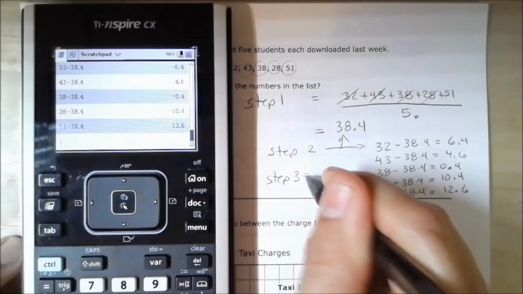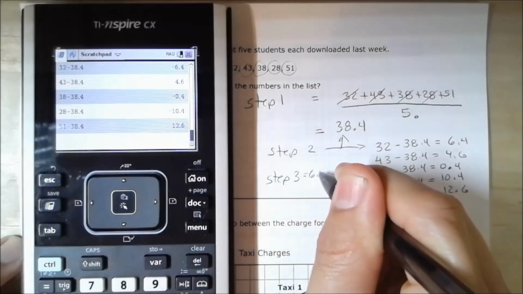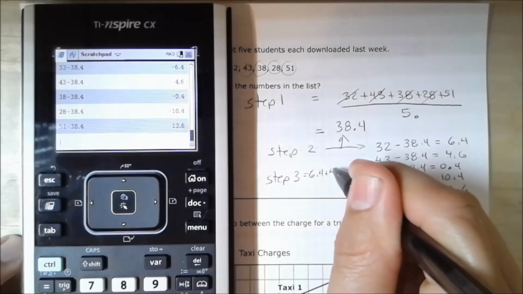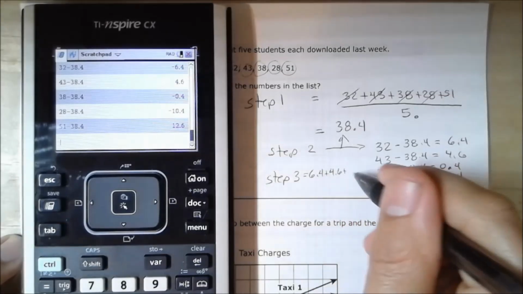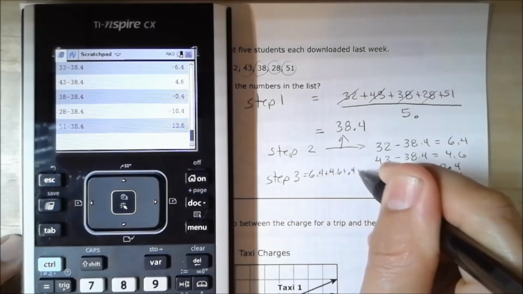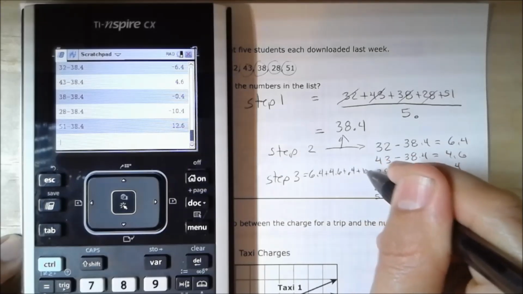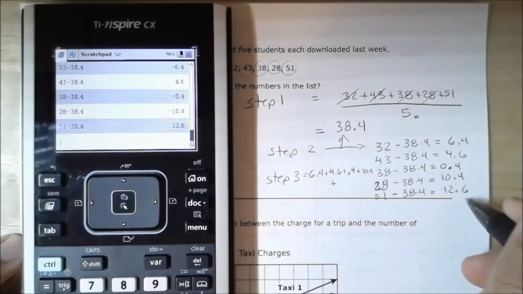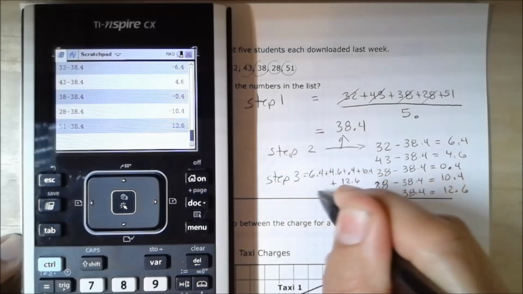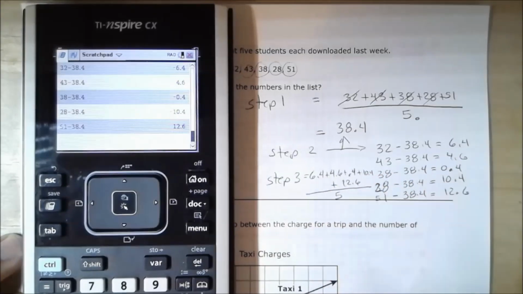So step 3 equals 6.4 plus 4.6 plus 0.4 plus 10.4 plus 12.6, all divided by 5. So let's go ahead and put this in our calculator.